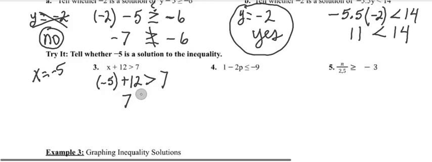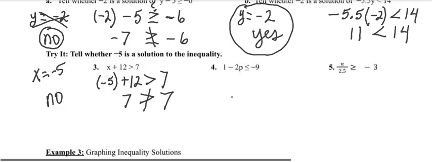And then you bring down your greater than, and bring down the 7 on this side. Is this a true statement or false statement? Is 7 greater than 7? No. So that is not true. So could x equal -5 on this one? No, because 7 is not greater than 7.